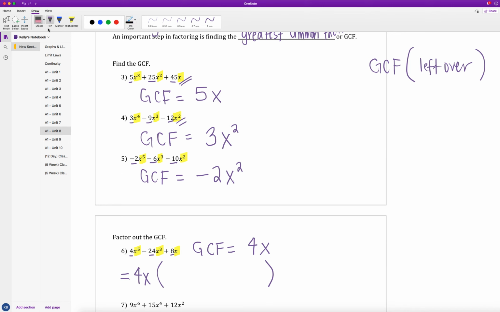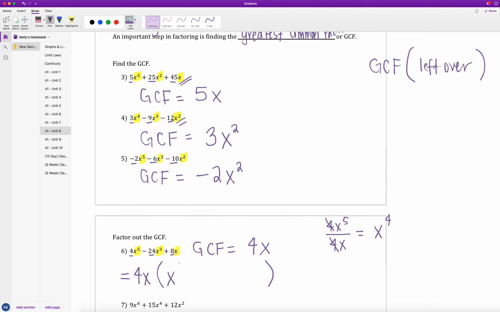Let's look at our first term. We have 4x to the fifth. Now, when I factor out my greatest common factor, I'm actually dividing each term by that greatest common factor. So if I have 4x to the fifth over 4x, we know from our last unit that I can simplify this. The 4's will cancel, and x to the fifth divided by x to the first would give me an x to the fourth because I'm subtracting the exponents.